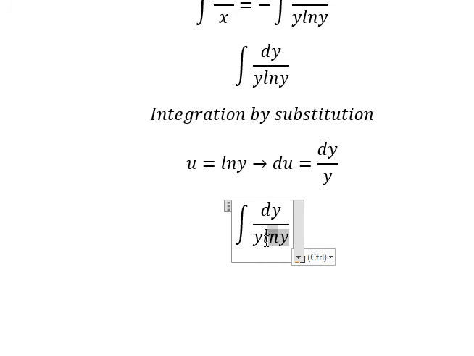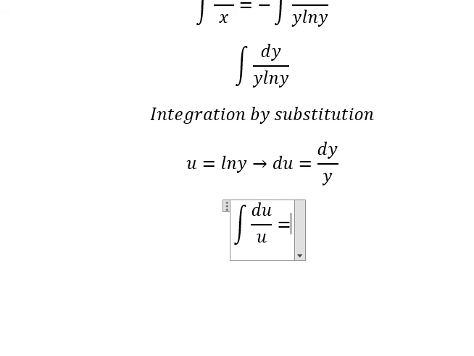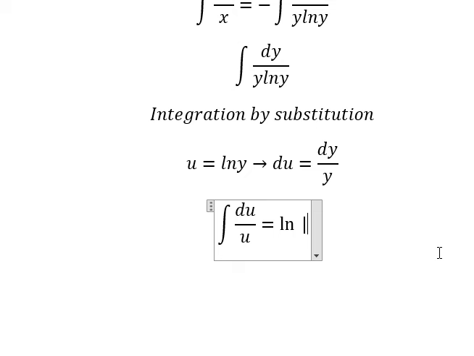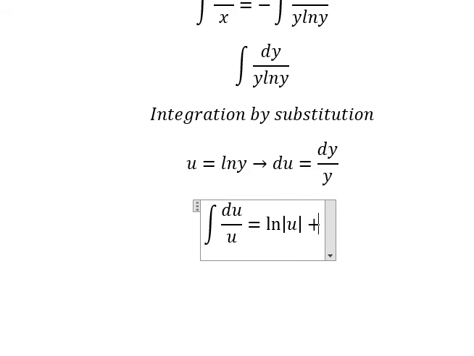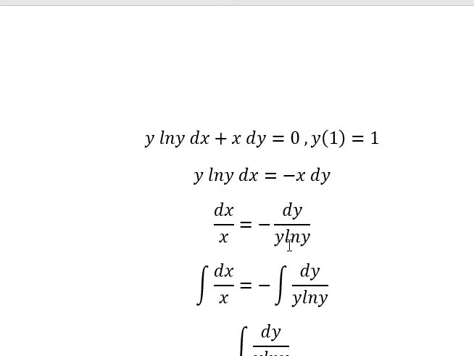This one we change to u. Dy over y we change to du. The integration of this one, we have ln of the absolute value of u, and I will put c.